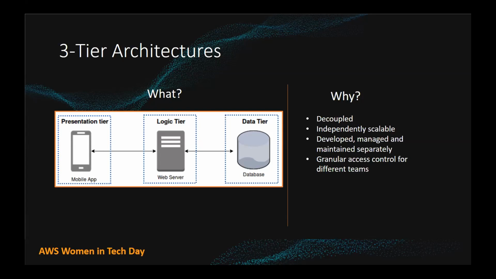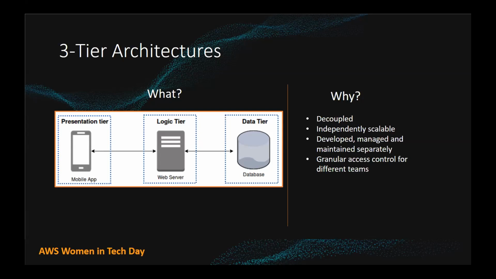If you're adding new features to your presentation tier, your logic tier and your data tier are completely unaffected. Those features can be developed, managed, maintained, and deployed in a CI/CD pipeline without affecting the other two tiers.